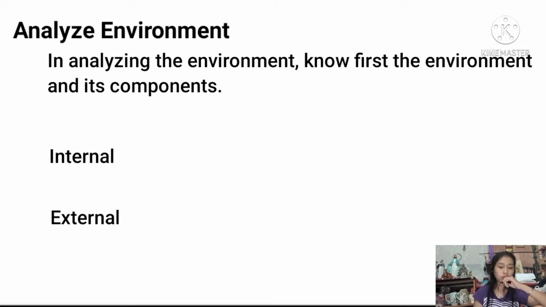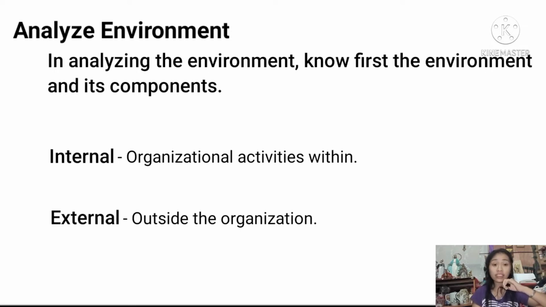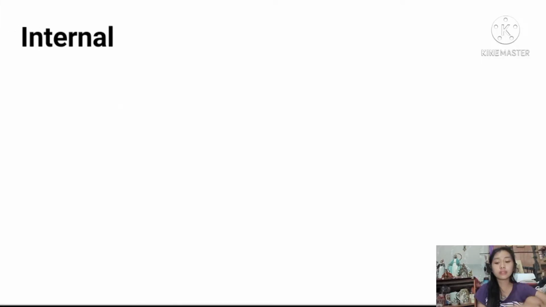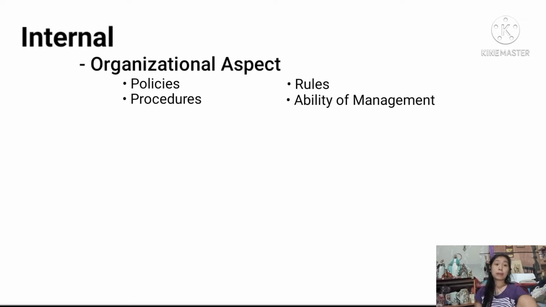The internal is within the organization, inside the organization, while the external is the outside of the organization. Let's discuss first the internal. Under the internal is the organizational aspect. First, under the organizational aspect are the policies, procedures, rules, and ability of management.